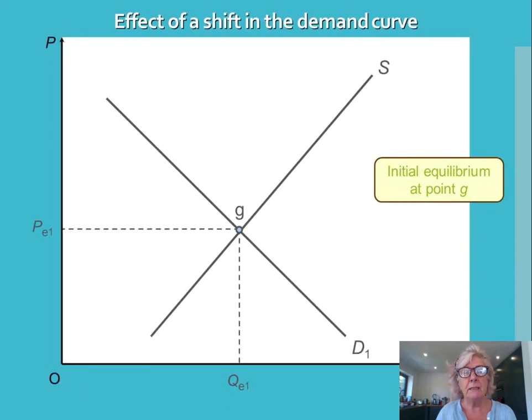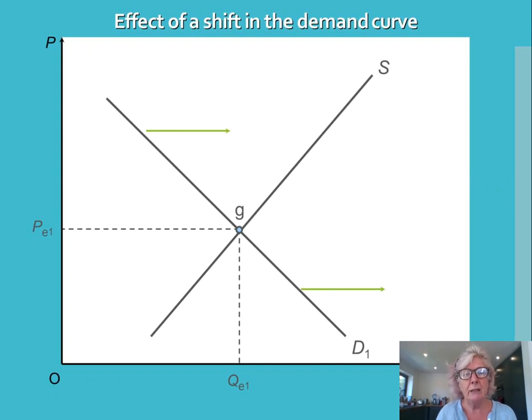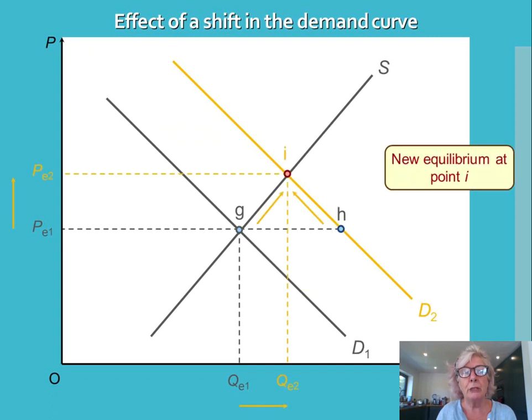A rise in demand, the demand curve shifts to the right, and what happens there is our equilibrium point has moved from point G to point I, and the equilibrium price has gone from PE1 to PE2, and our equilibrium quantity has increased from QE1 to QE2. So an increase in demand is going to cause a rise in price and an increase in equilibrium quantity.